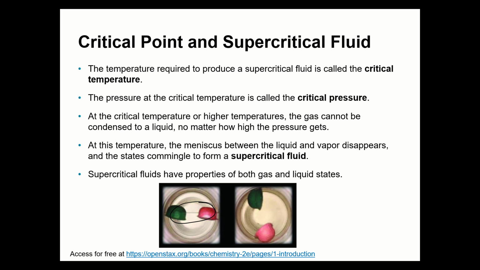But at critical temperature and critical pressure, we no longer see that distinguishing feature between the liquid and the vapor, and so we get what's called a supercritical fluid. So basically, when you reach this critical temperature, the gas cannot be condensed back into a normal liquid, no matter how high the pressure gets at that point.